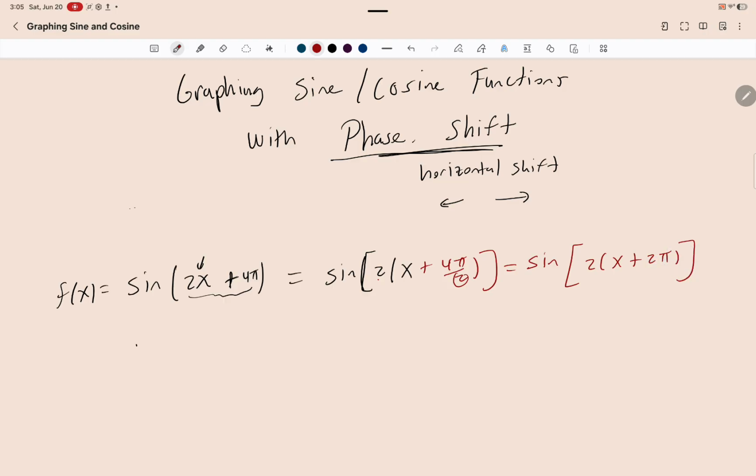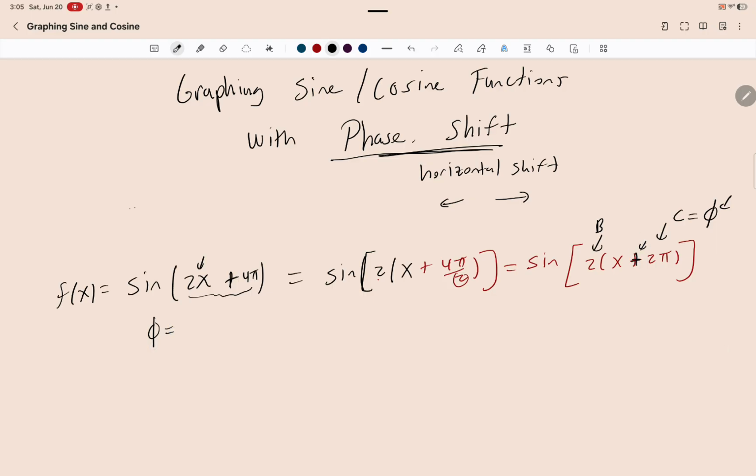Great. So now our phase shift, remember, this is the B. This is the phase shift, so our phase shift is C. Some books denote the phase shift as phi, so I'm just going to write it as C, but your textbook may use that notation. And we take the opposite of the sign here.